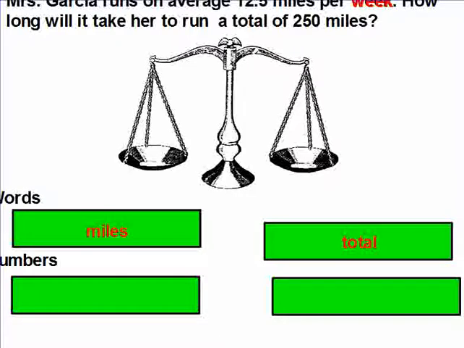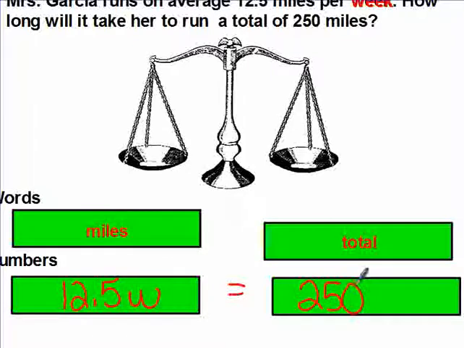So I know that the total miles is going to be 12.5 times W, however many weeks I run. That's going to equal the 250 miles I want to run.